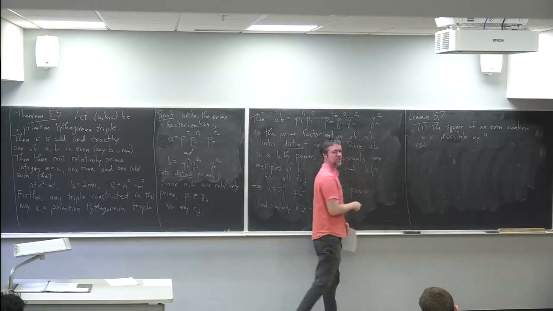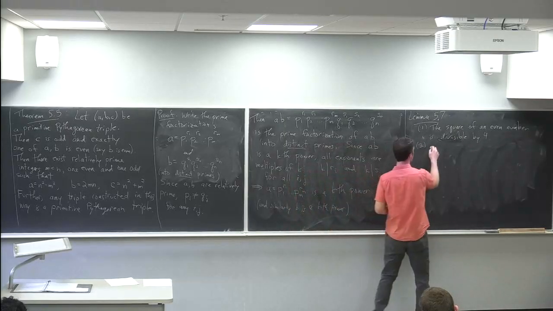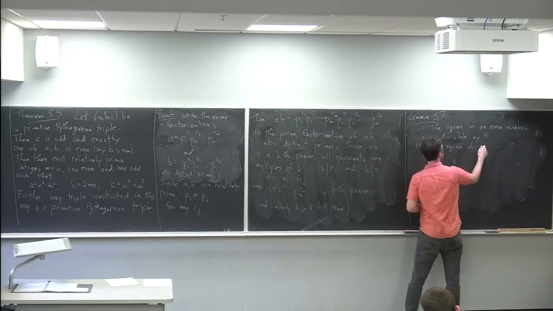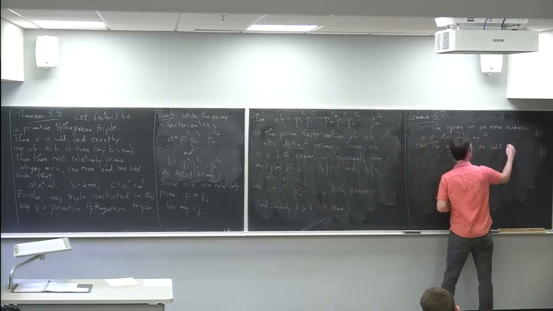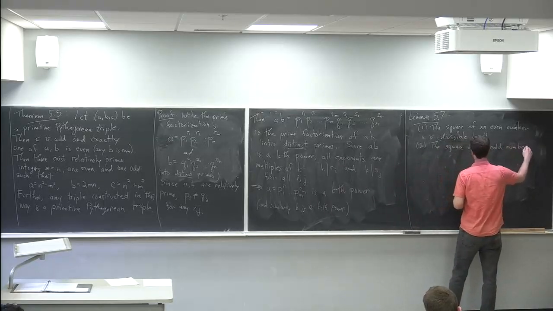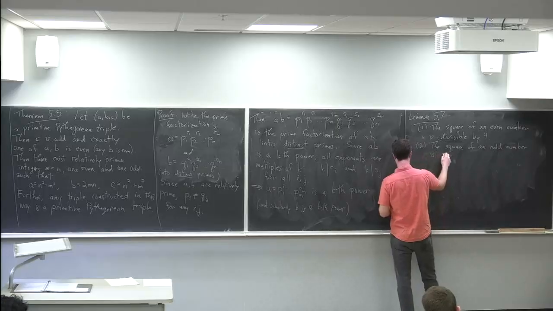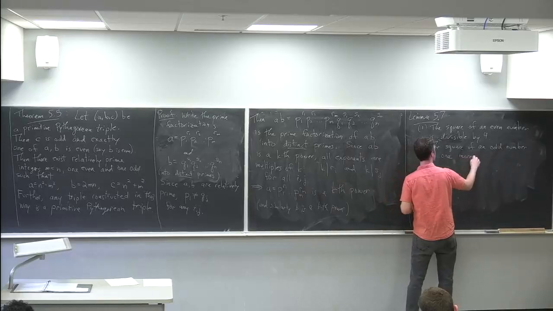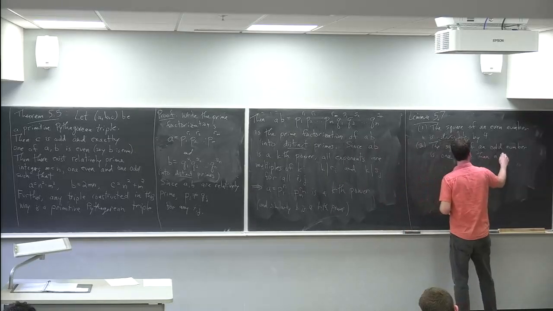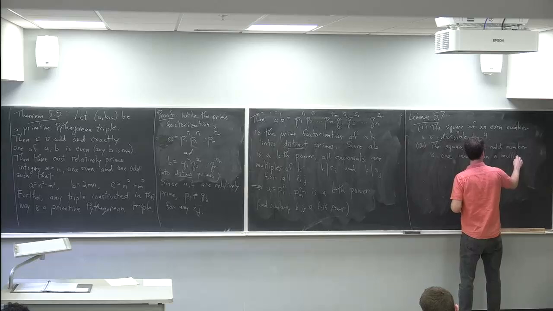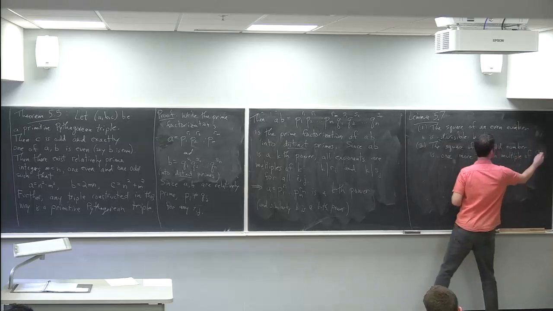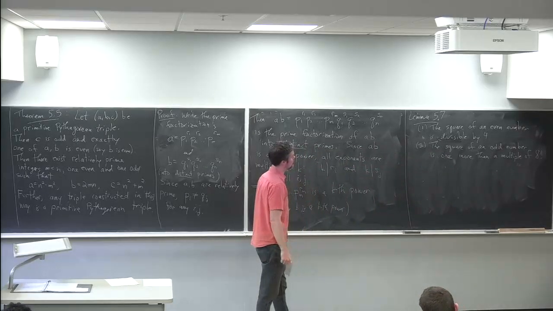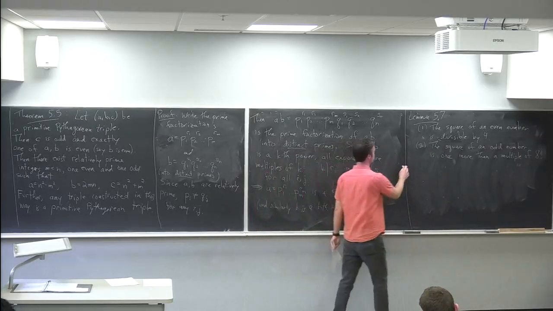The second assertion is a bit more interesting, which is about squares of odds. The square of an odd number is actually always one more than a multiple of 8. Okay, so we'll see why in a second.